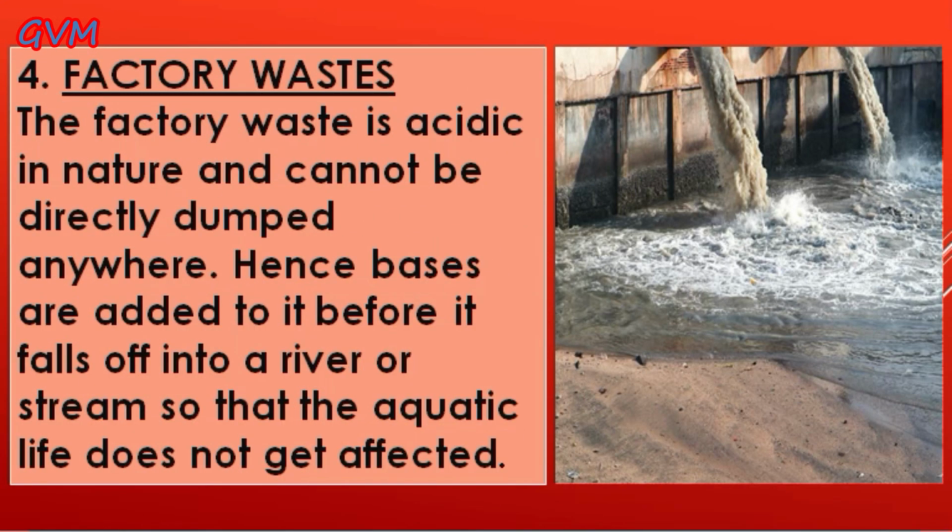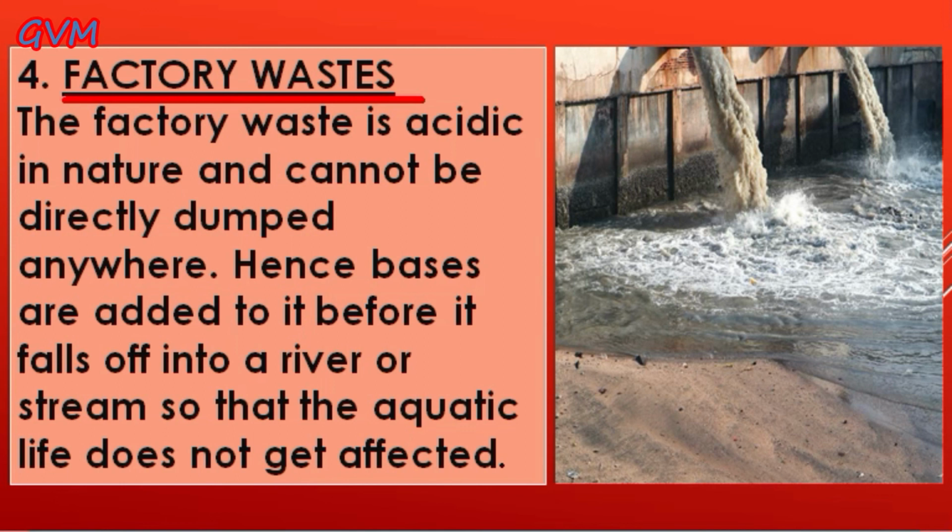Now the last one, in the case of factory waste. Students, as you all know, acids are generally used in industries or factories in huge amounts for different purposes. But after using the acids, the factory waste becomes too acidic in nature and cannot be directly dumped anywhere.